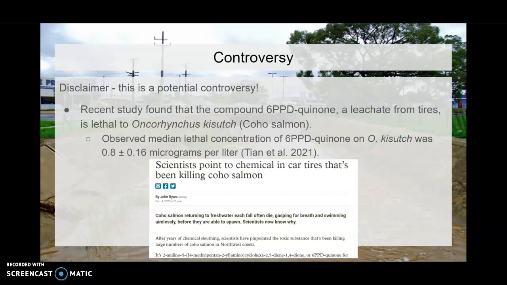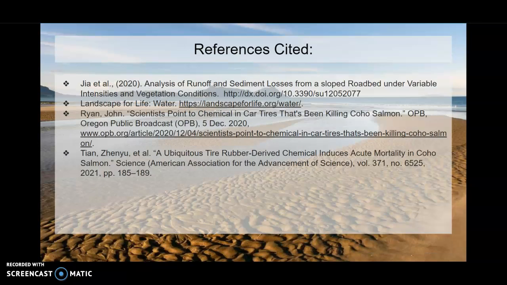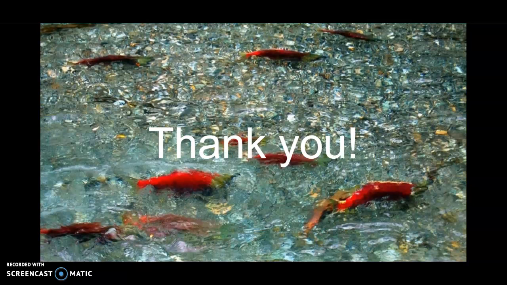So as you can see, urban runoff is an important issue that needs to be really considered as we plan and further develop in our watersheds. Here are resources, and thank you for watching our presentation.